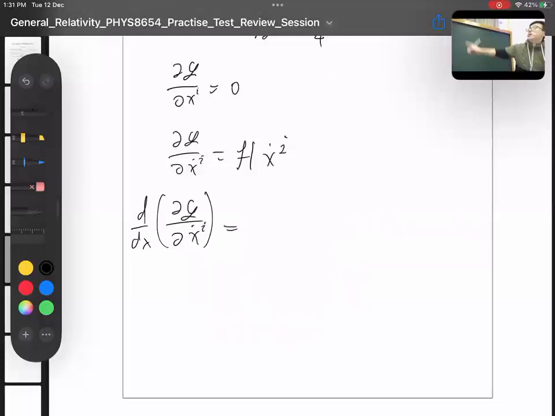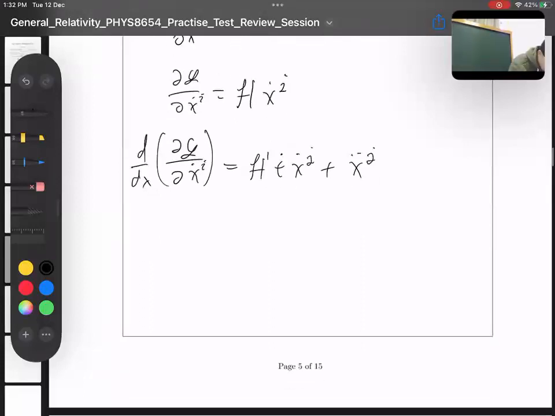So you take the partial derivative with respect to h, so this is just h prime, and then this will be t dot, plus xi double dot, right? By the product rule. So what's nice about this is it's exactly equal to 0.